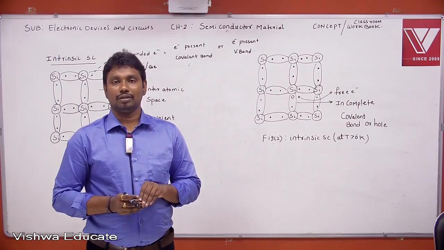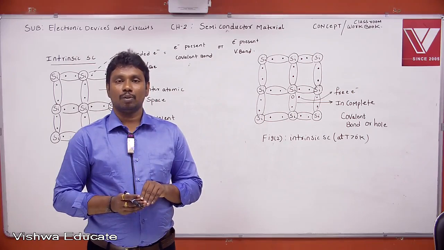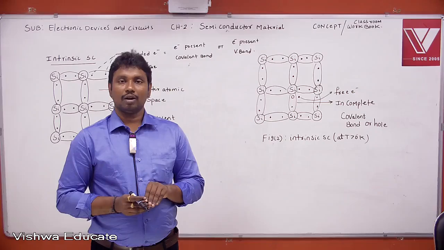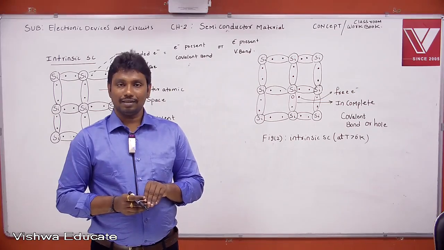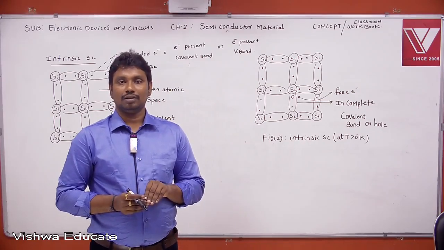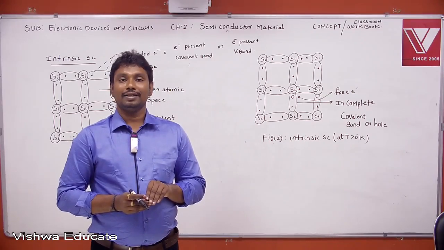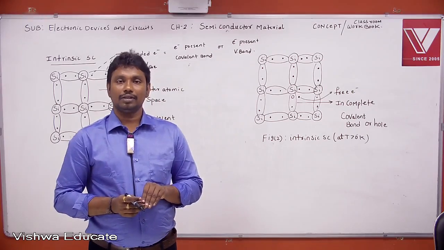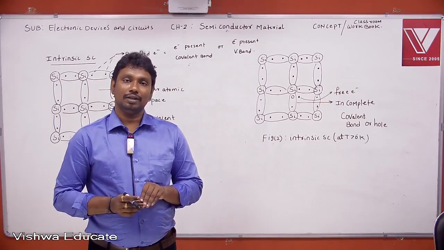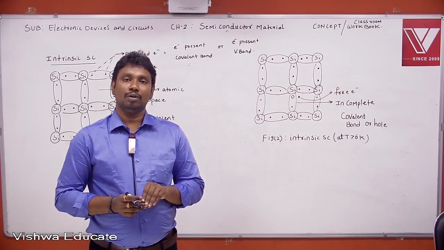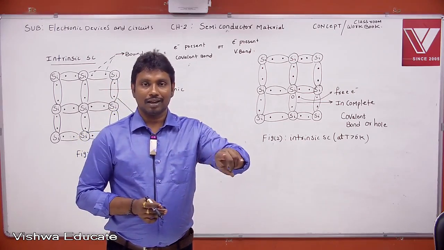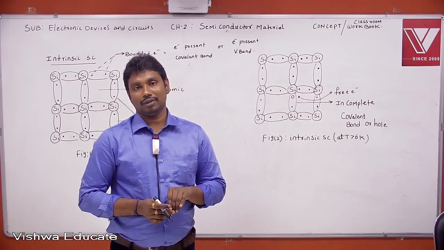So that conduction is not possible. Hence, intrinsic semiconductor acts as an insulator at T equal to 0 degrees Kelvin. Yeah. Now underline: intrinsic semiconductor acts as an insulator at T equal to 0 degrees Kelvin.